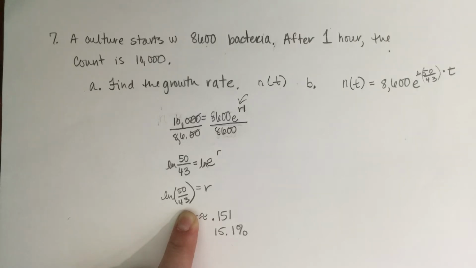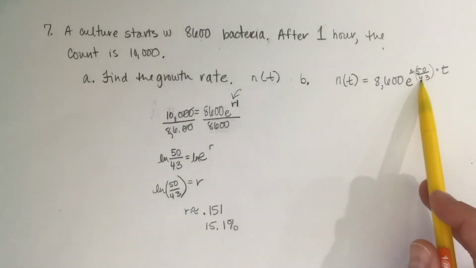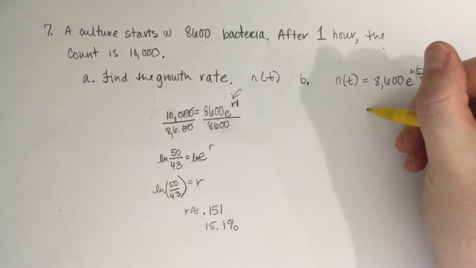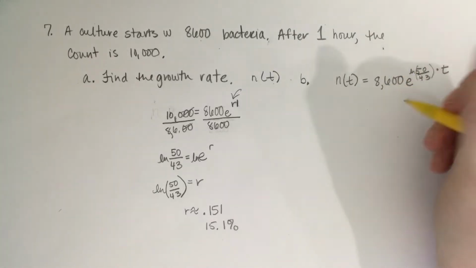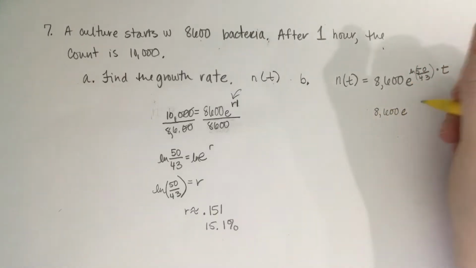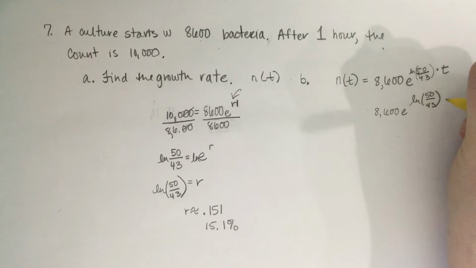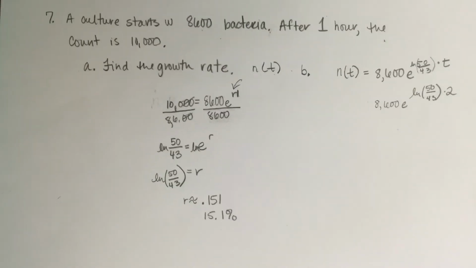Now, it asks us to find the number of bacteria after 2 hours. Yes, I expect you guys are going to end up having to use this. So when I get to this point, I have 8,600 times e to the natural log of 50 over 43 times t, and my time is 2, this is what we're looking at.